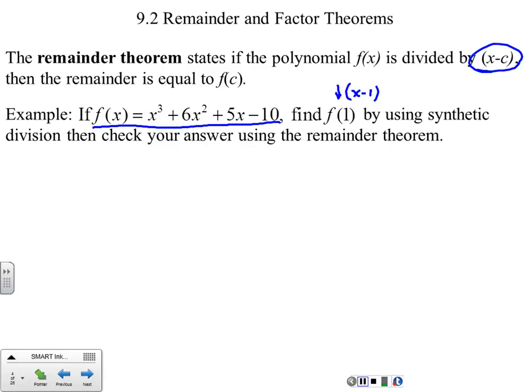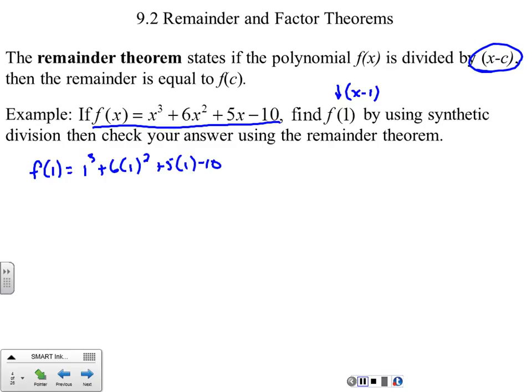So, for example, if you have this function and you're trying to find f of 1 by using synthetic division, then you're going to check your answer using the remainder theorem. Watch this. If I plug in f of 1, I'm going to get 1 cubed plus 6 times 1 squared plus 5 times 1 minus 10. Do the math.